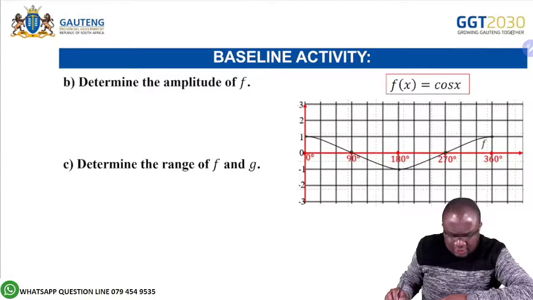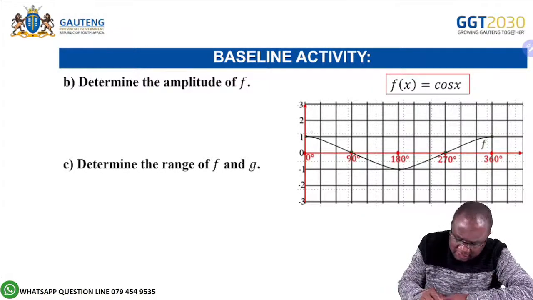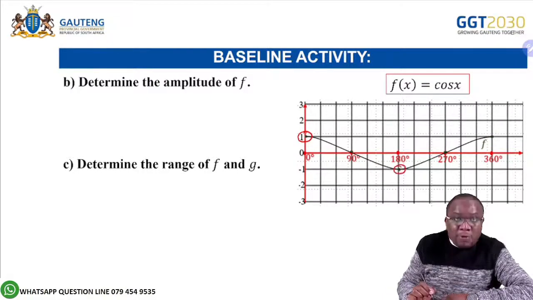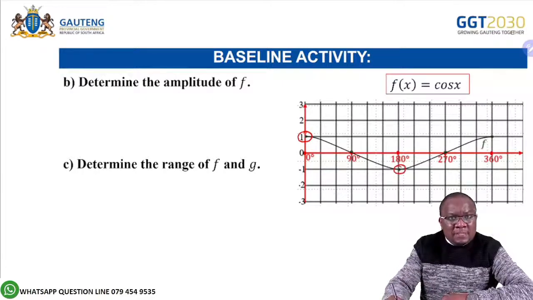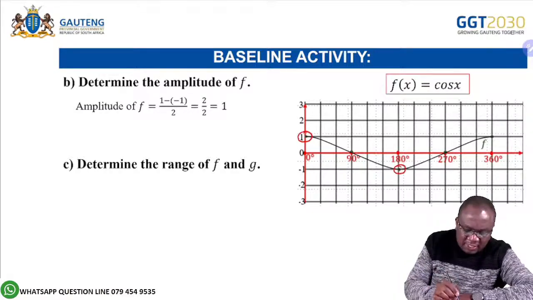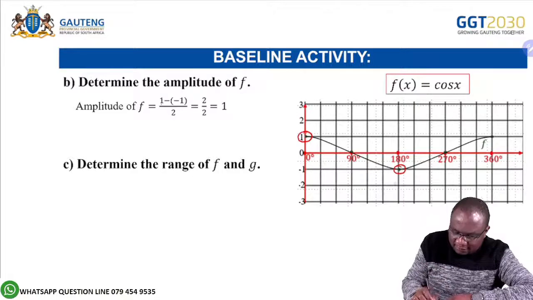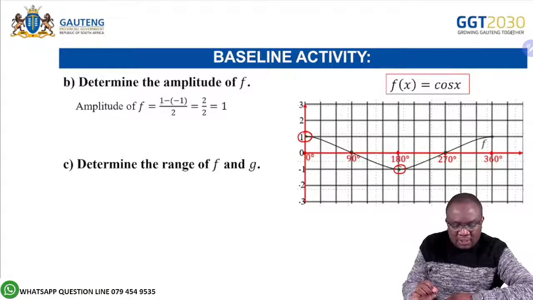So the amplitude, how do we find amplitude? If you check here, this is the maximum value, which is 1, and here is the minimum value for f of x. So we say maximum value minus the minimum value divided by 2. It's going to be 1, the maximum value, minus -1, the minimum value, divided by 2.